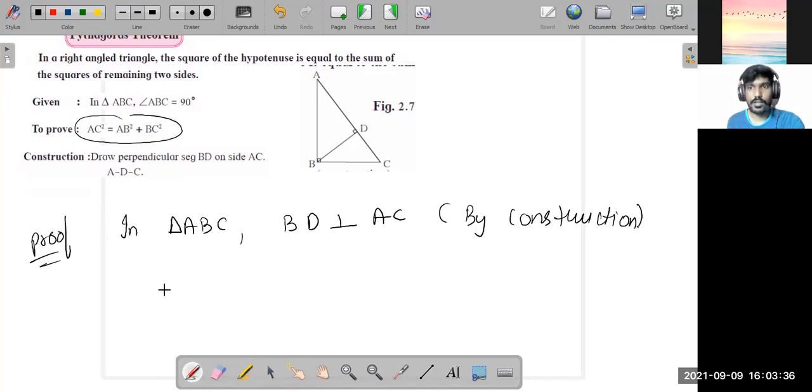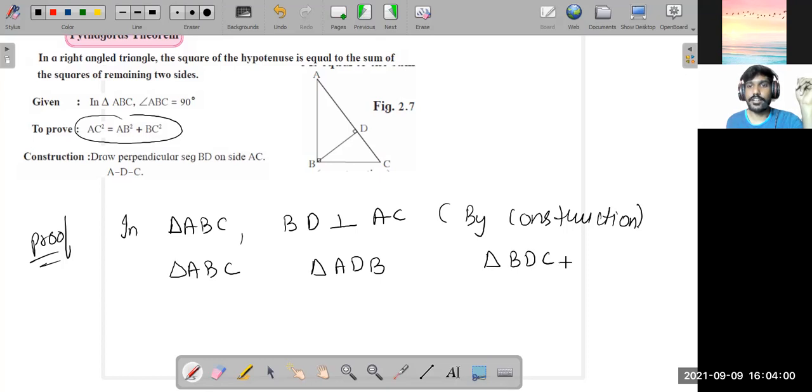I'm looking down. Okay. So now 3 triangles are formed. First is the main triangle ABC, then triangle ADB, and then triangle BDC.